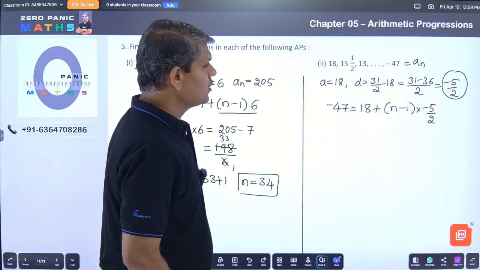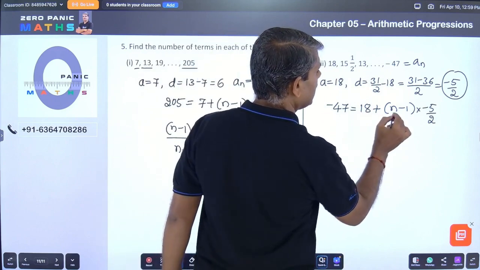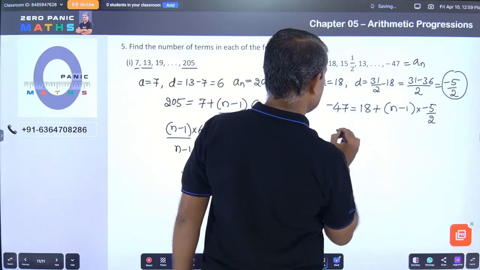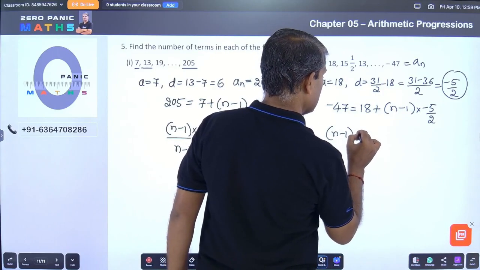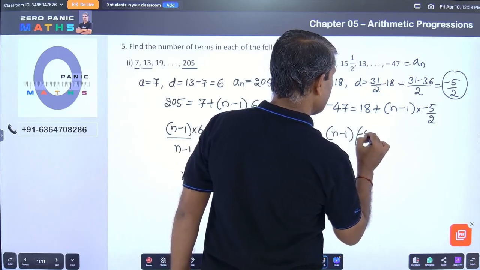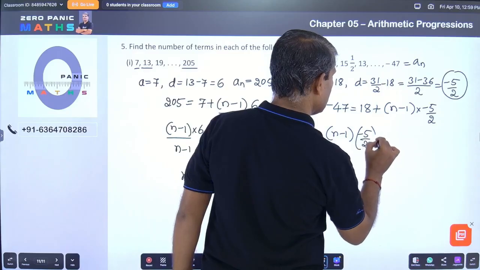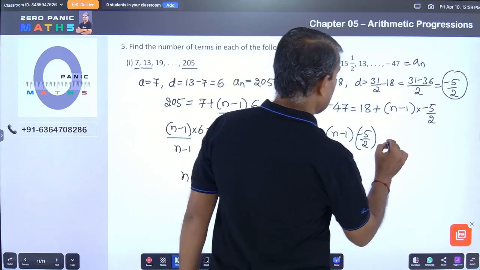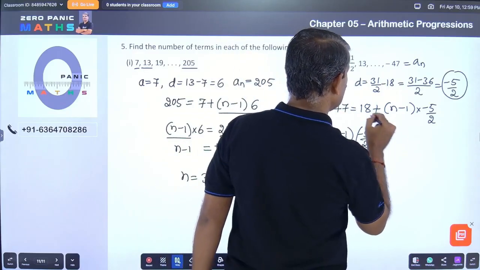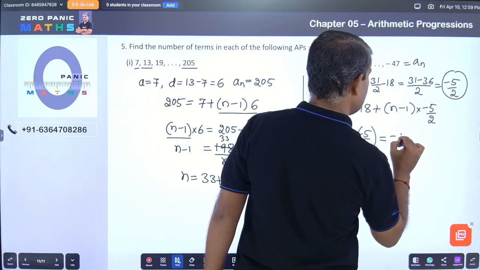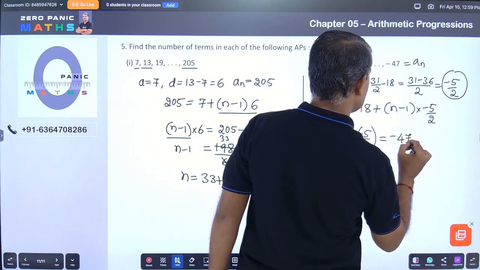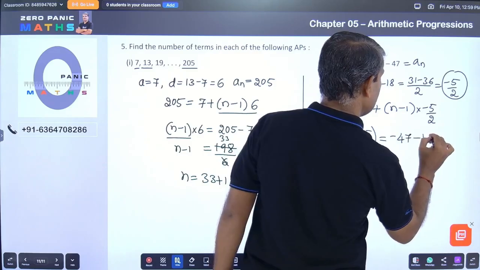Let us keep n minus 1 and minus 5 by 2 here only, and transfer the 18 to the left side, that will make it minus 47 minus 18.